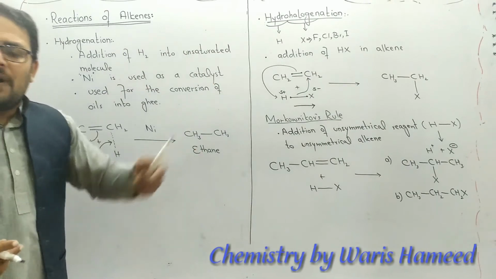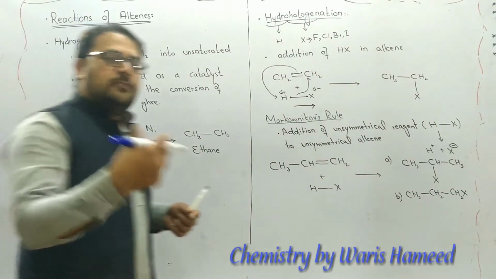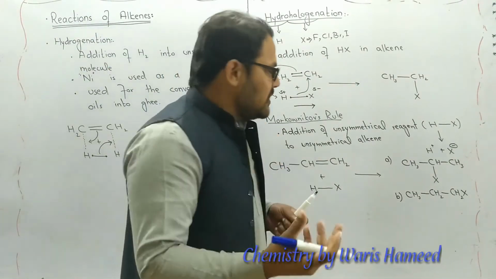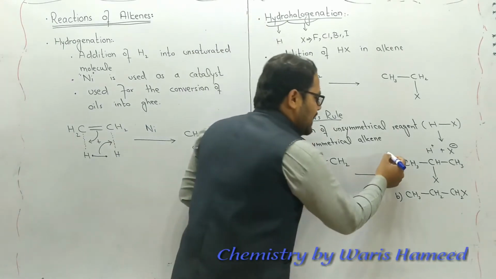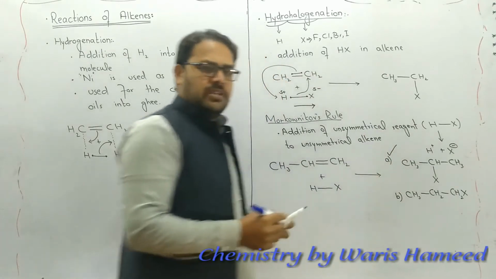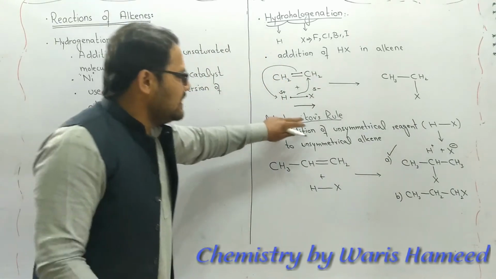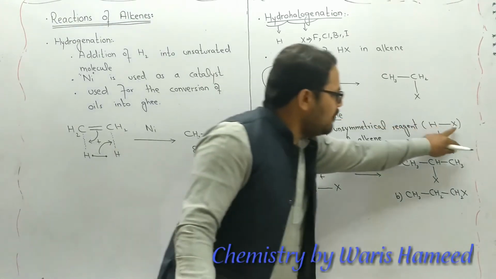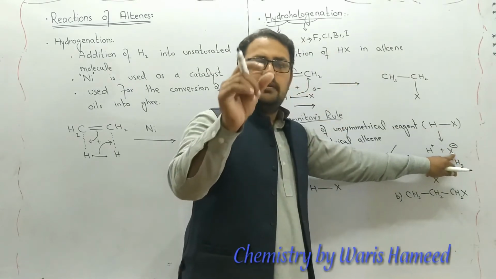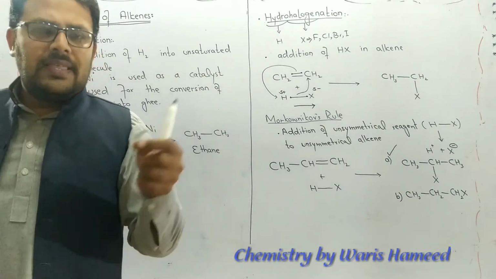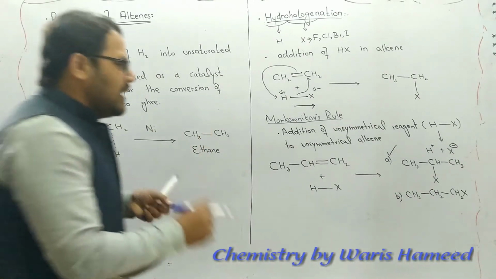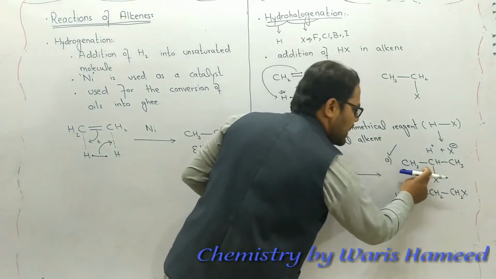Now, which product is correct, or which product will form in the reaction mixture? According to Markovnikov's rule, product A will form in the reaction mixture, because in this rule the negative part of the unsymmetrical reagent will attack on that carbon that is doubly bonded and has fewer hydrogen atoms.